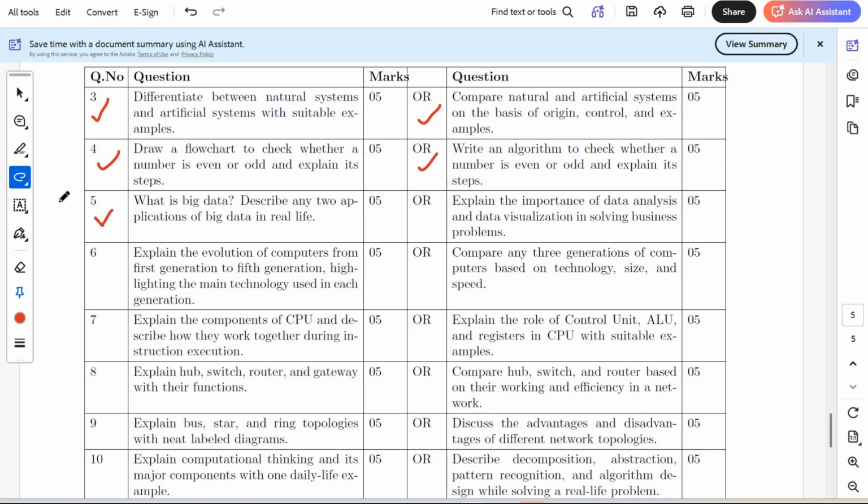Question number 5. What is big data? Describe any two applications of big data in real life.